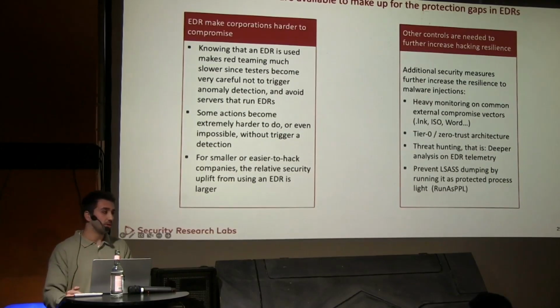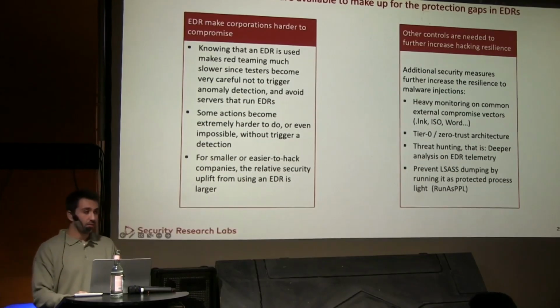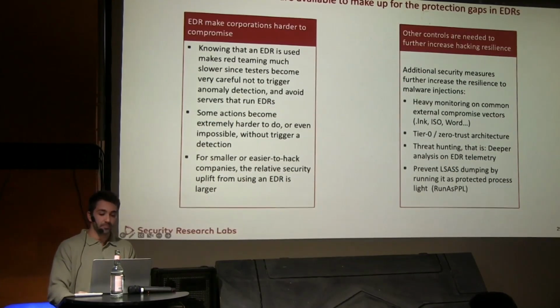But it is possible to prevent you from dumping LSASS, and it will make the life of an attacker way harder, because that's a really common scenario of lateral movement. Running LSASS as protected process light is a really easy thing you can do by running a GPO, for example. And if your company can run LSASS in protected process light, then you should definitely do it, because it's going to get way harder for an attacker to move laterally.